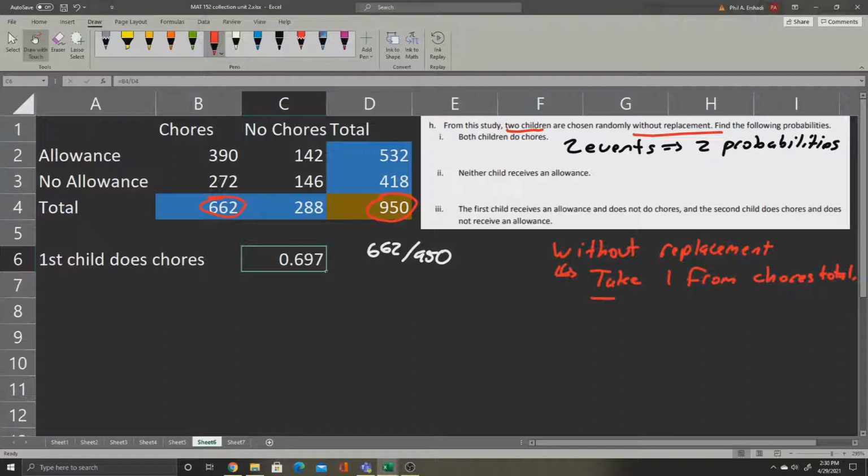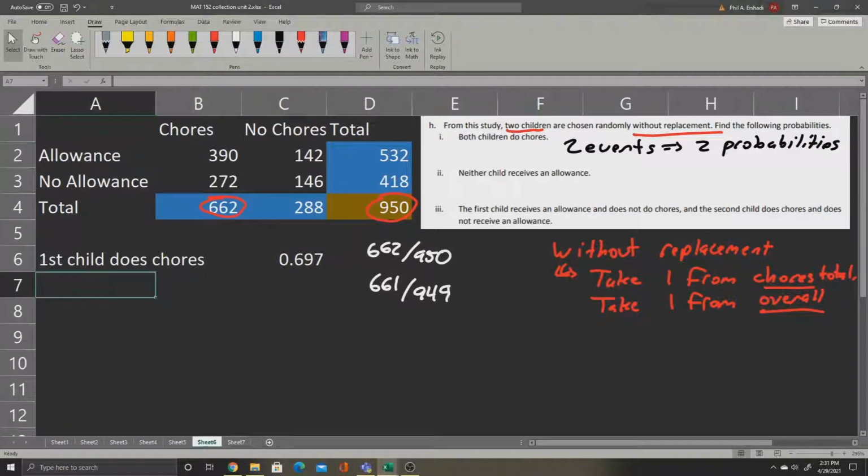We're also going to take one away from the overall total. This means rather than using 662 and 950, instead we'll be using 661 and 949. We're simply taking one away from both the chores category and the total category.